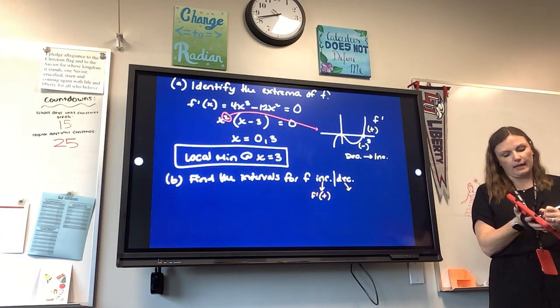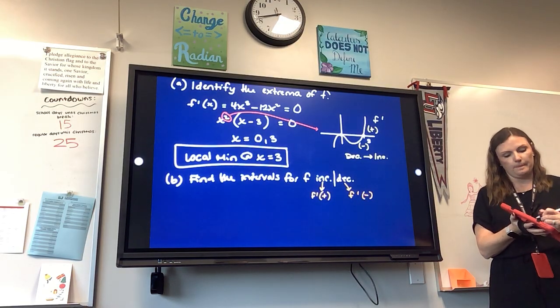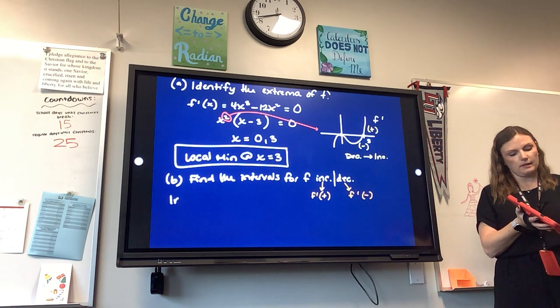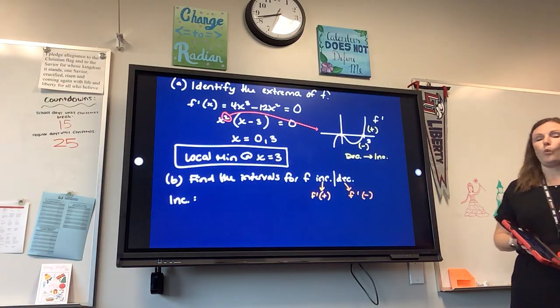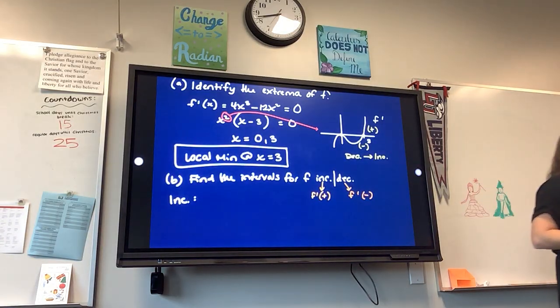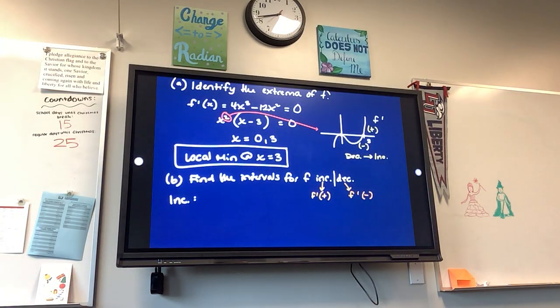For decreasing, I'm looking for f prime being negative. These should be pretty quick answers because we have a graph to look at. Where is the f prime graph positive? An interval. We're talking about from this to that. From 3 to infinity. From 3 to infinity, f prime is above the x-axis.